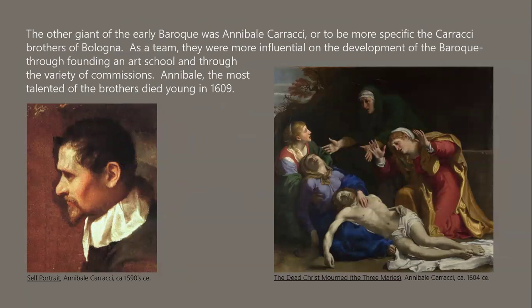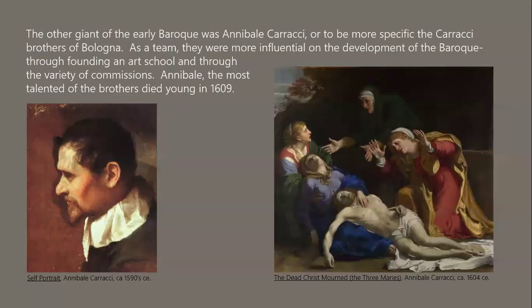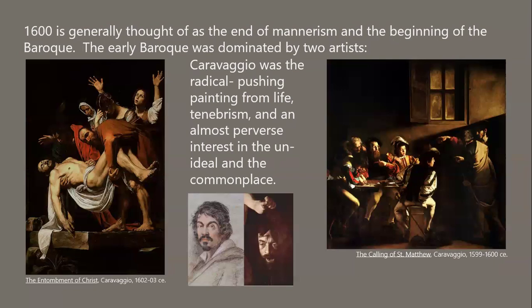So we're also going to be looking at Carracci, who wasn't painting quite as dark and heavy as Caravaggio. But in a way, we can think of the rivalry between these two painters, Caravaggio and Carracci, as being the dialogue that establishes what the Baroque was going to be about.